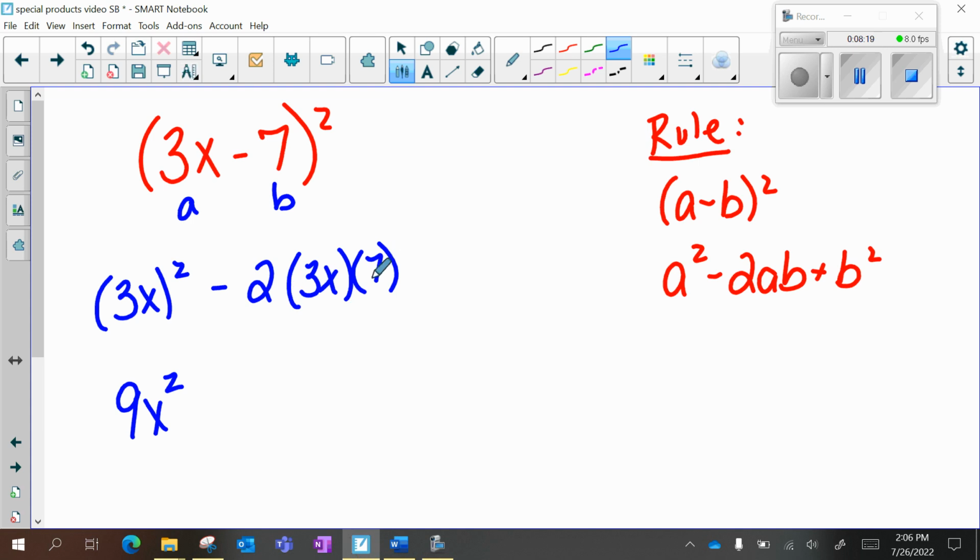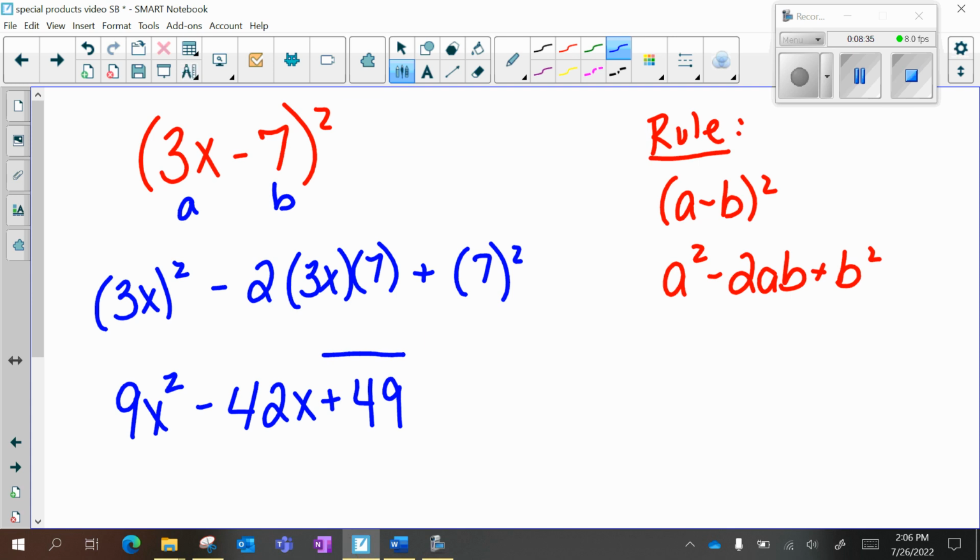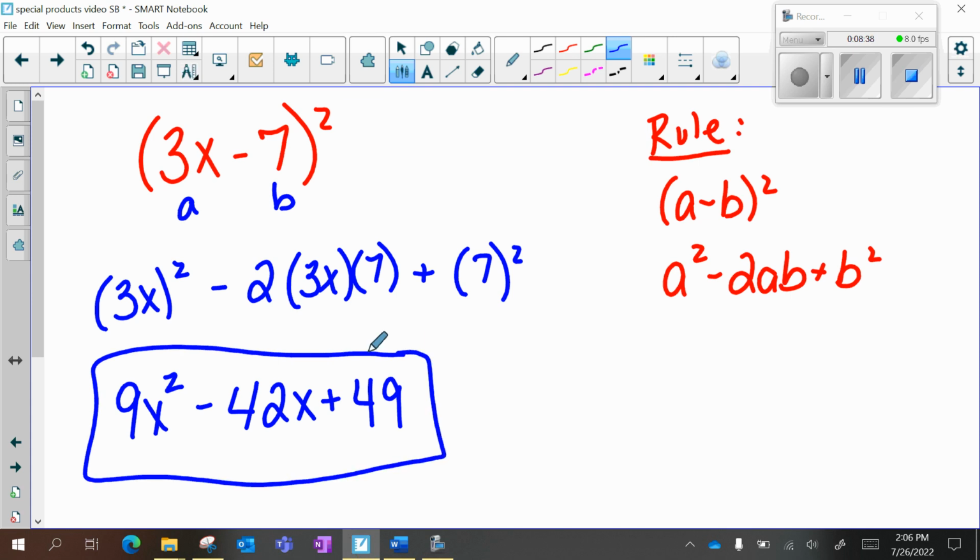So I have 3x times 7, which is 21x, times 2 is 42x. And then I have plus the b term squared. So my last piece squared is going to give me 49.